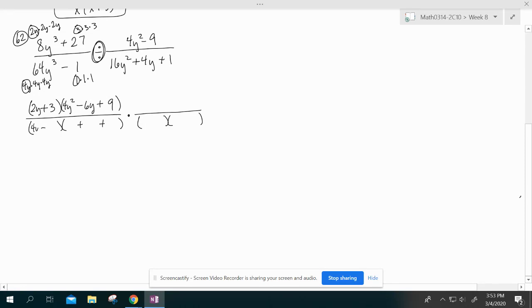We're going to grab a 4y and a 1, and then square, multiply, square. 4y times 4y is 16y squared. Then 4y times 1, and 1 times 1.